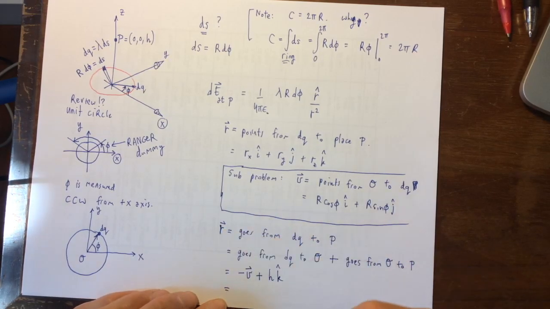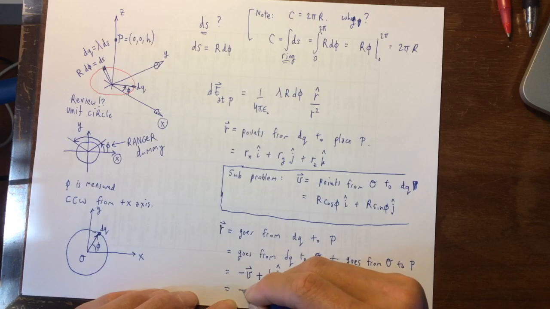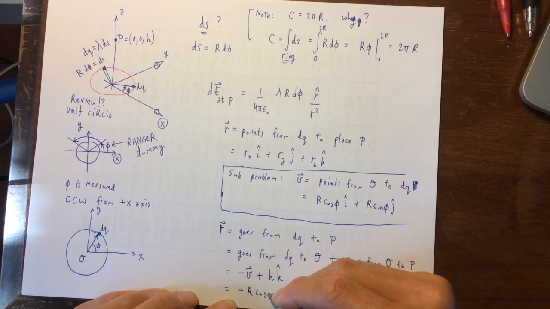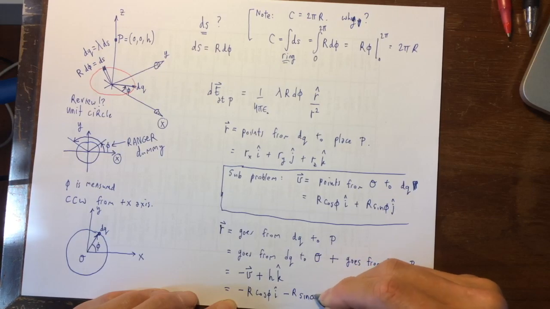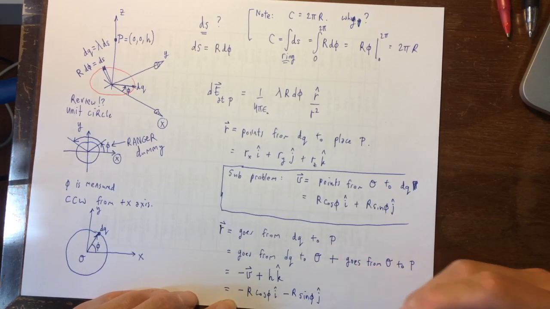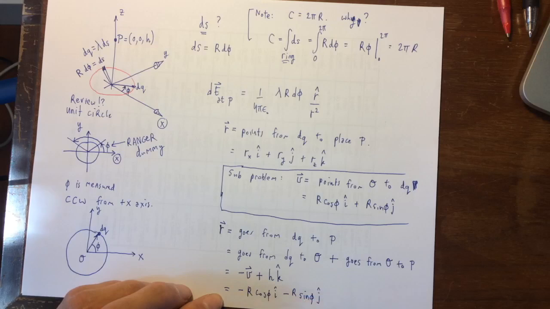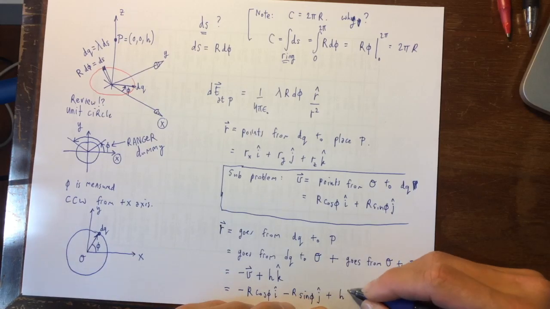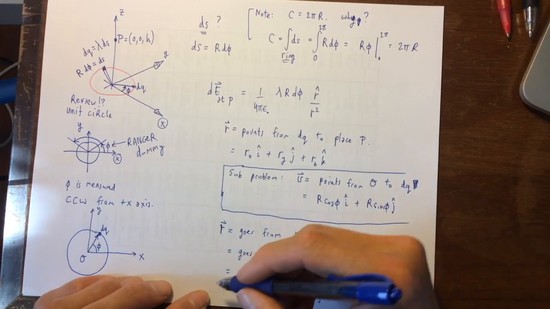And so this r vector is simple. It just looks like minus r cosine phi i hat minus r sine phi j hat, right? That's what negative v is, and then I add on h k hat.